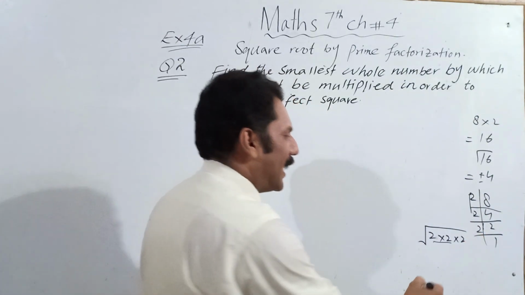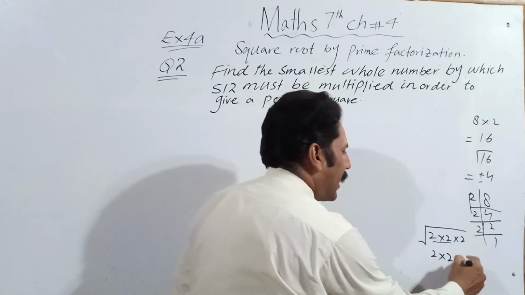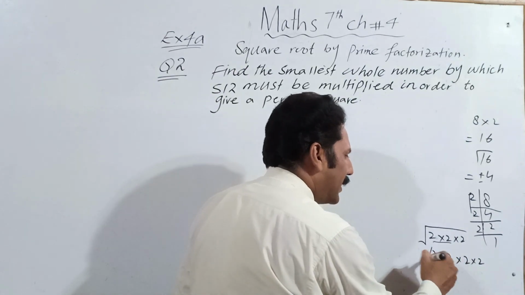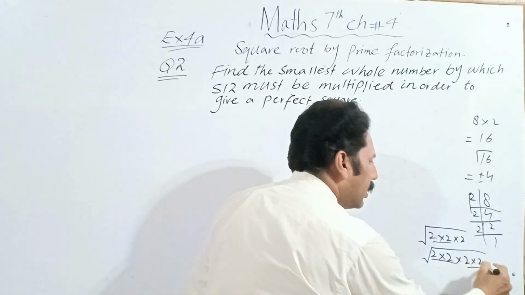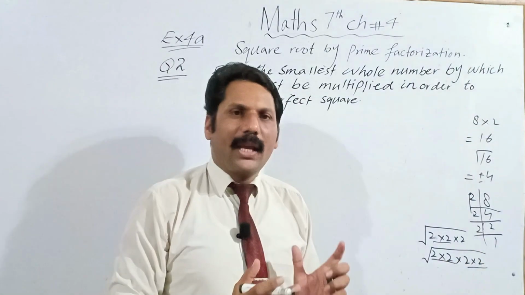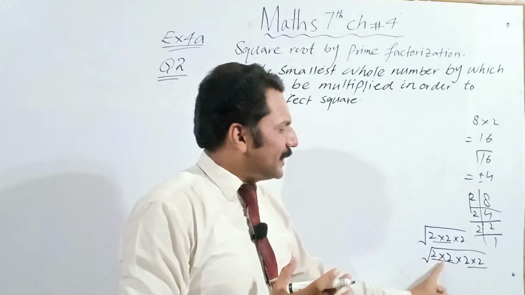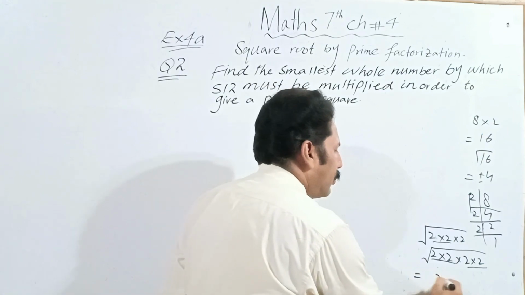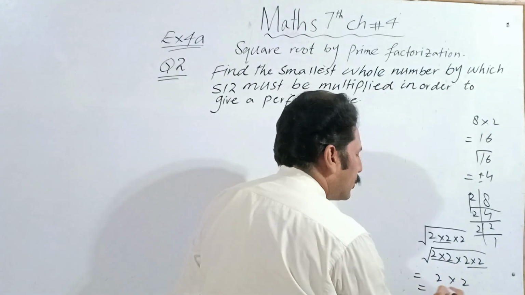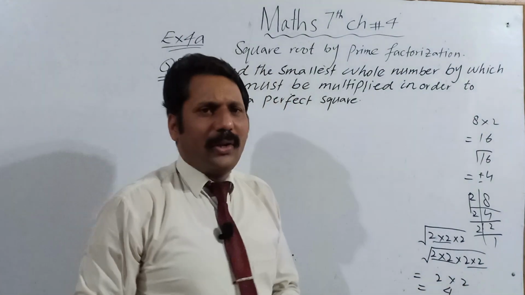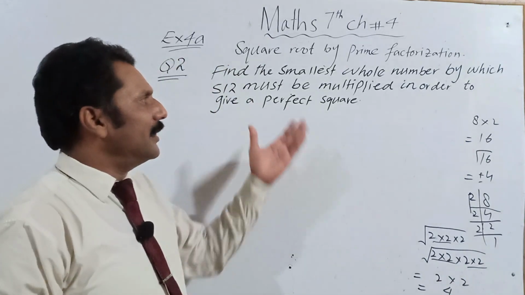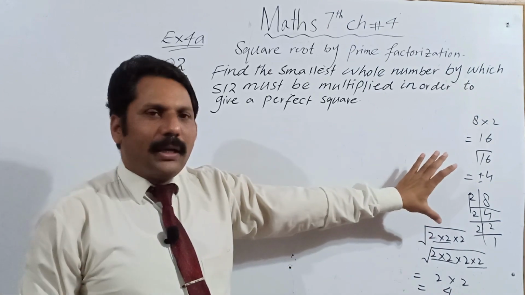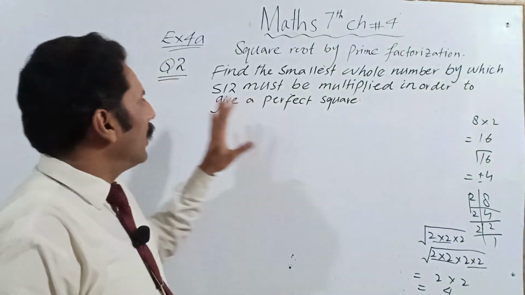So if we want to make the pairs of the prime factors, then we will have to multiply it by 2. Now, 8 has two pairs. From this pair, we can take 2, and from this pair, we can take 2. So the answer will be 4. I will not solve this question further, now you can solve this question. So in the same way, now we will solve this.